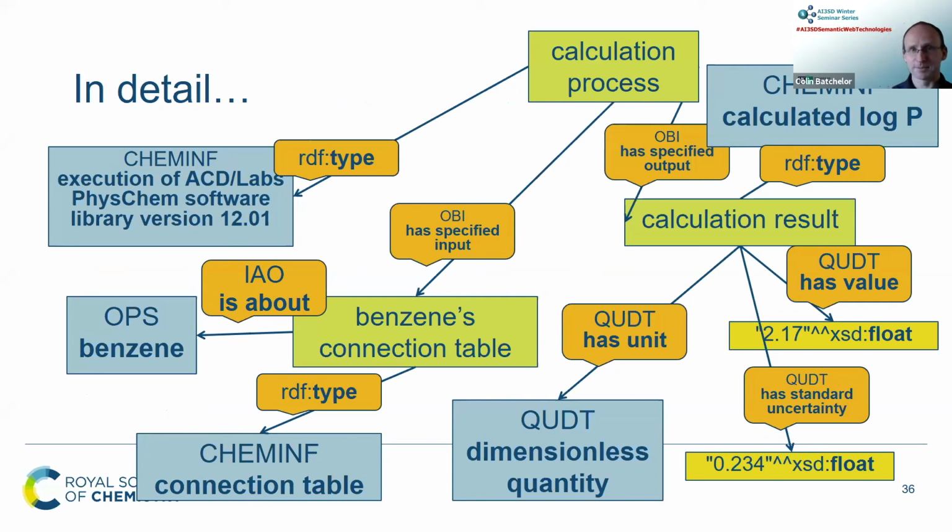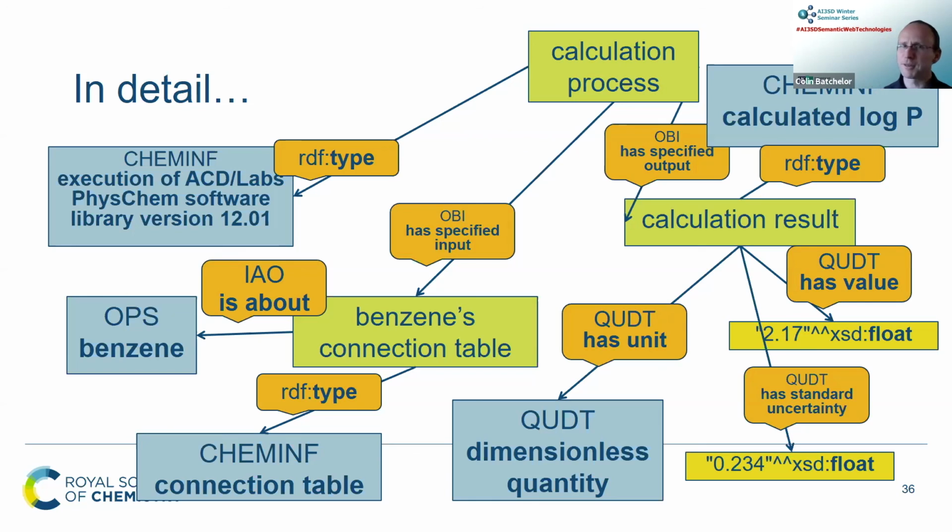This is what the data model looks like for something that sounded very simple, where you said, we want to know what the log P of benzene is. Now, if you were just going around creating relationships, creating properties willy-nilly, then you would just say benzene has log P 2.17.